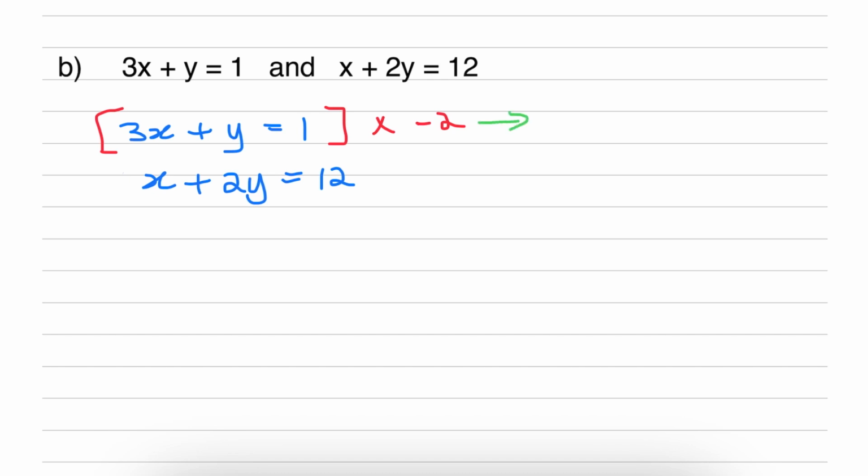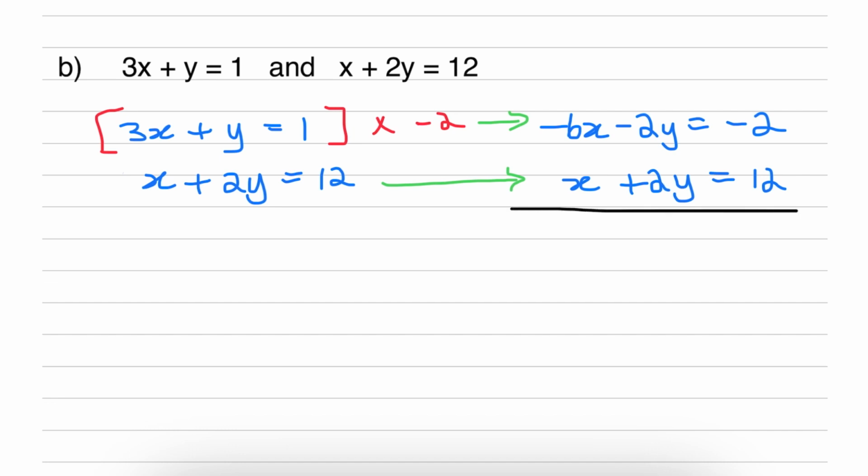So let's see, what do we get? This becomes negative 6x minus 2y, or negative 2y, equal to negative 2. So every term in that equation gets multiplied by that factor of negative 2. The last equation we'll write down as is. We're not going to change anything.